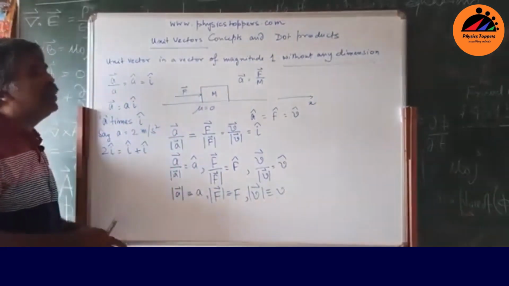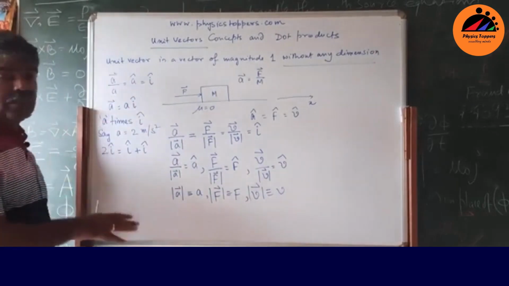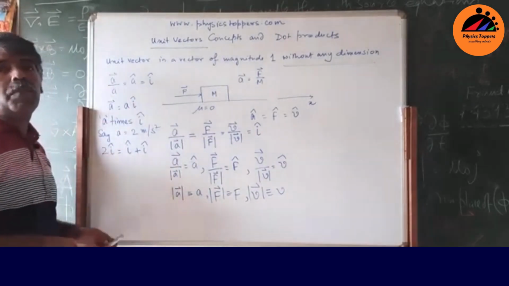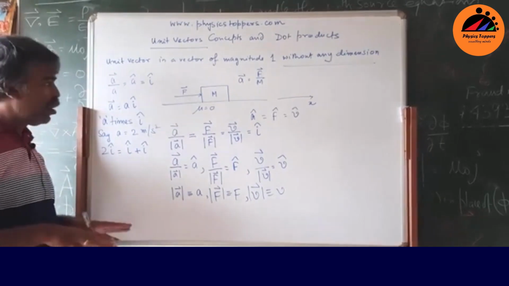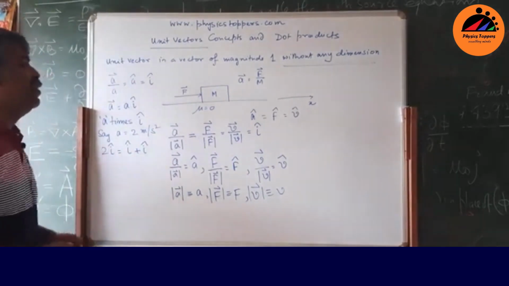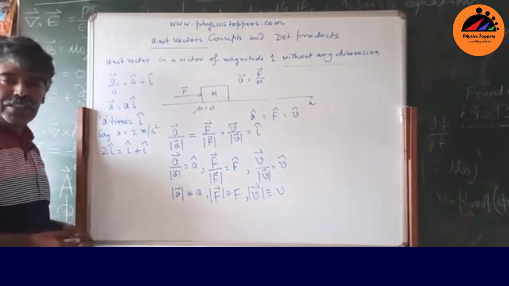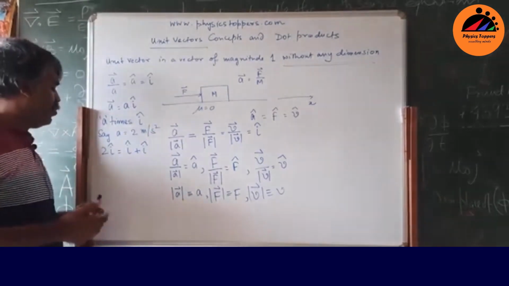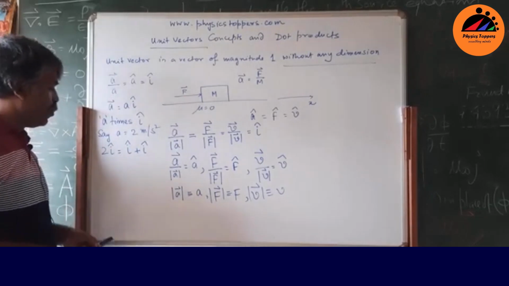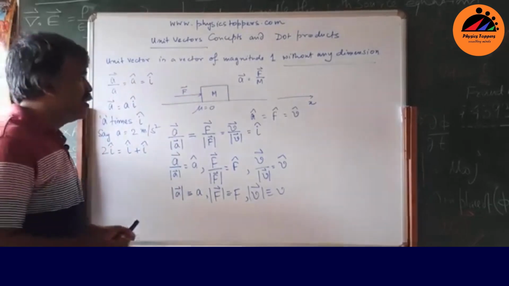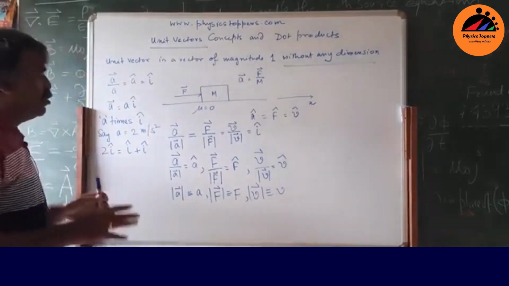I will not go into the details of that because that is not in the domain where we are studying this 11-12 physics. Still, when you grow old, those who are interested in physics will understand what's a field, what's a group, ring, what's a vector space, etc., linear algebra. So I will not go into those details.